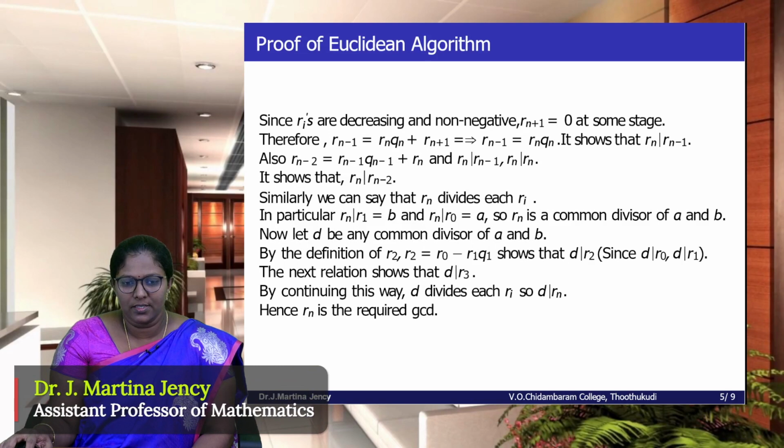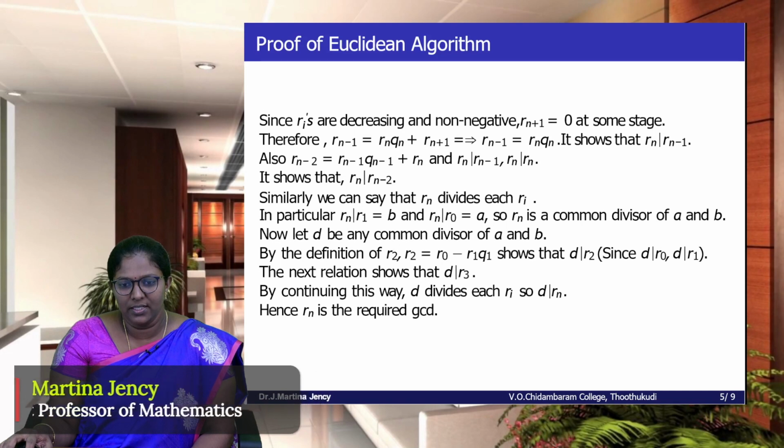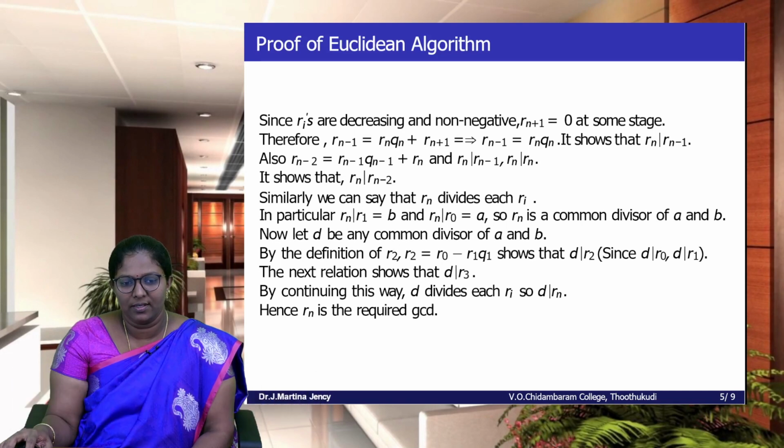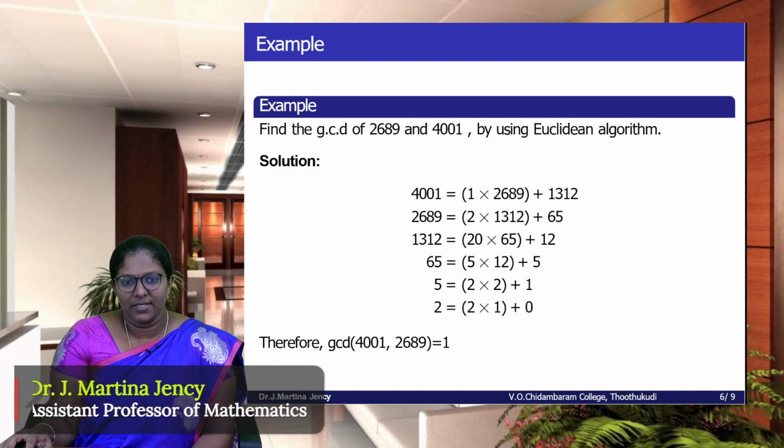The next relation shows that d divides r3. Continuing this way, d divides each ri. So d divides rn. Already we have seen that rn is a common divisor of a and b, and any other common divisor d divides rn. This means that rn is the greatest common divisor. Hence the proof.